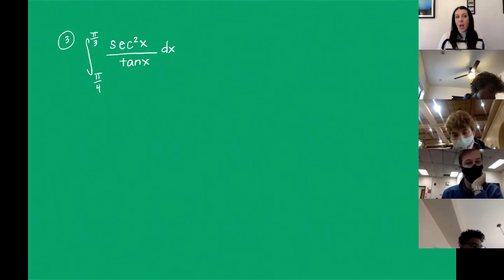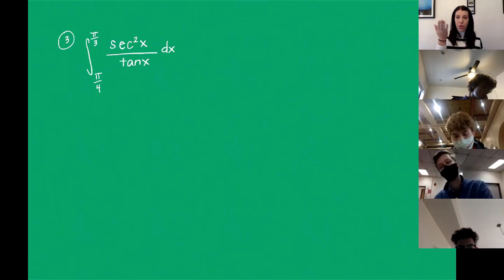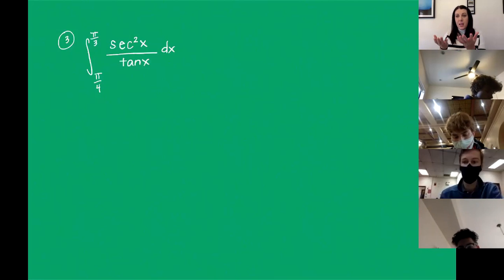Okay, some of you, I think, tried to simplify this. You tried to rewrite it. It's actually written in a really helpful way right now because since I know I need some u sub, I'm looking for a function whose derivative is available, right? So I got to know my trig derivatives. That's really important.